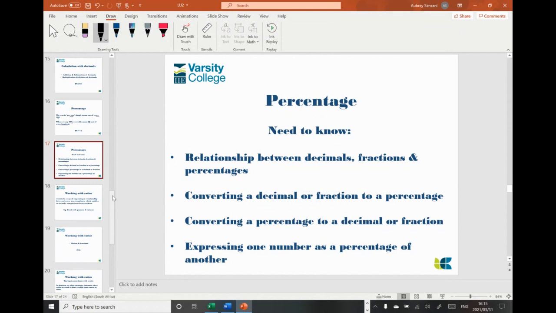Then percentage, we need to know the relationship between decimals, fractions and percentages, converting a decimal or fraction to a percentage, converting a percentage to a decimal or fraction, and expressing one number as a percentage of another.